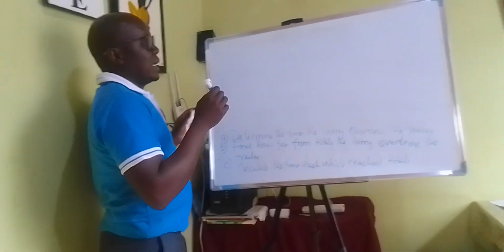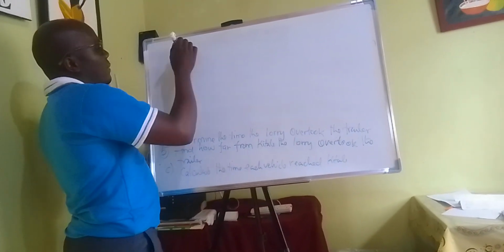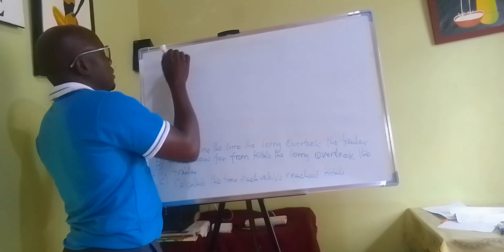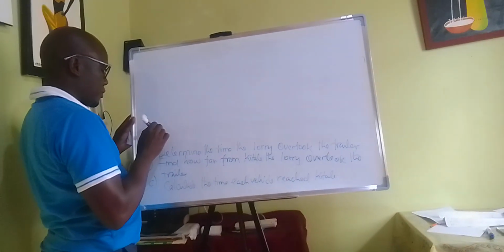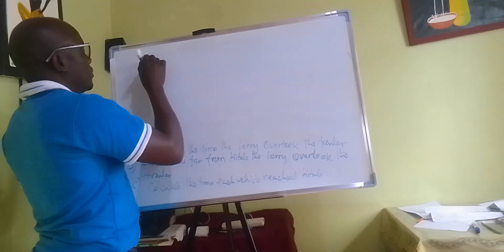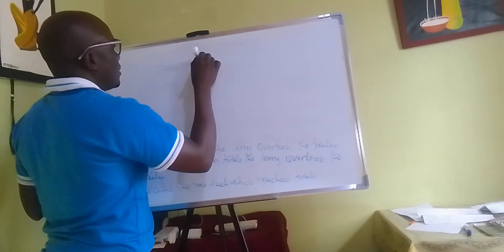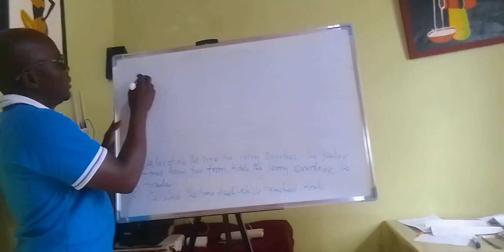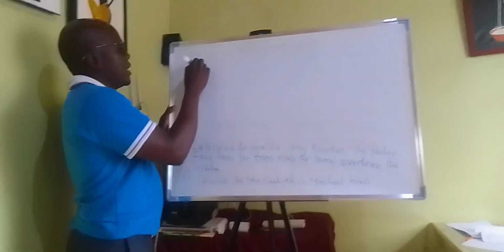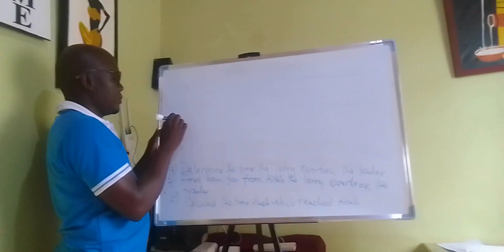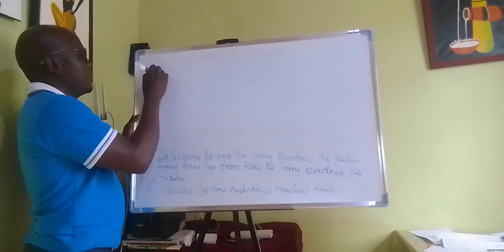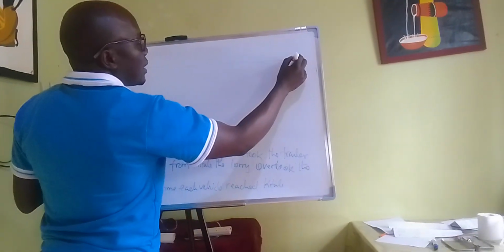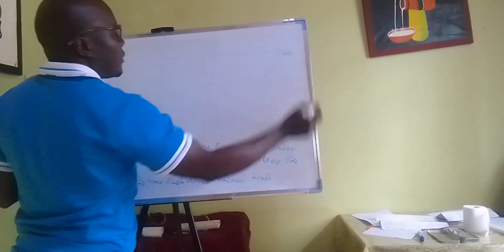We can draw a line to help us understand this, to represent the two bodies. On this end we have Nairobi, and we have Kitale on the other end.